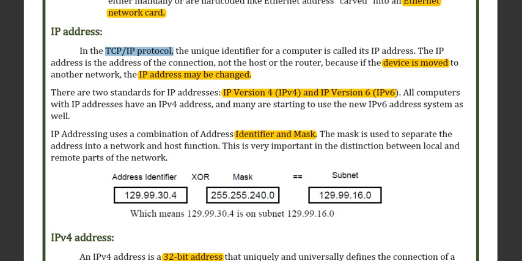This IP address can easily be changed from one device to another. Each device connected to the internet right now has a different IP address. IP addresses are divided into two versions: IPv4 and IPv6.